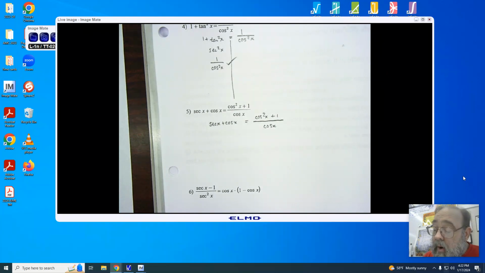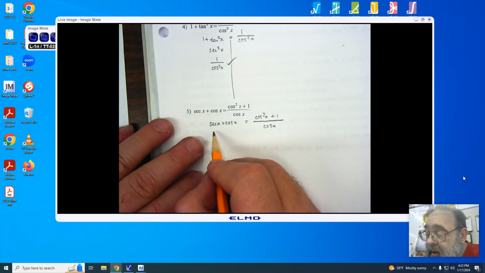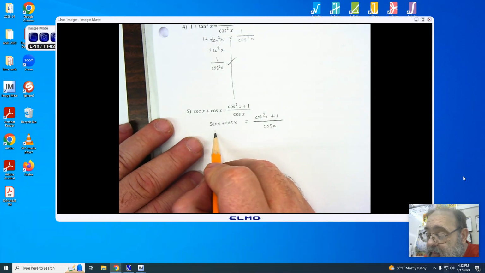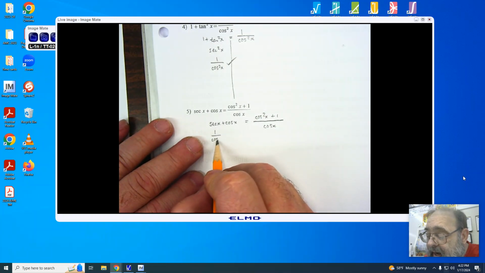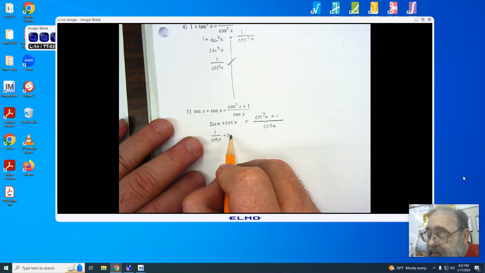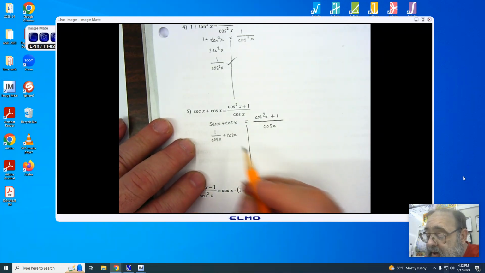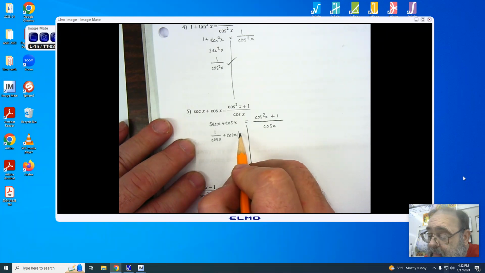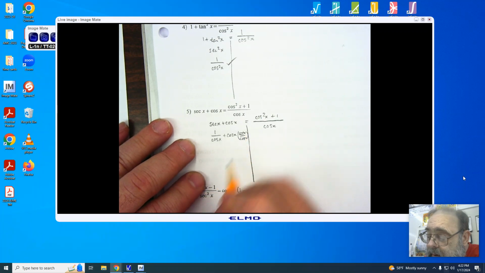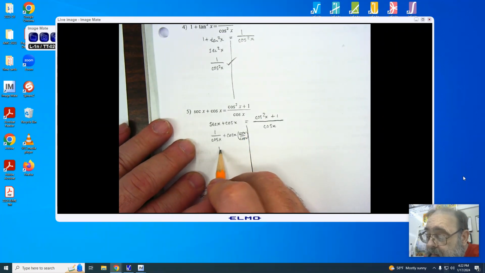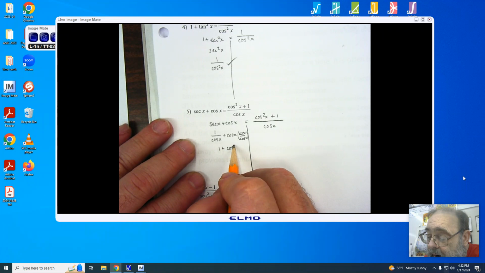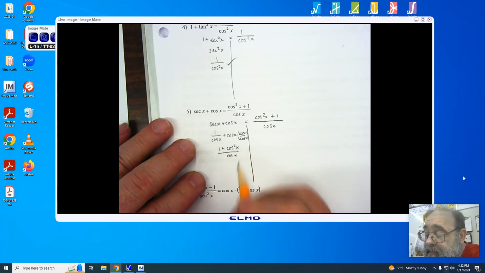Now, when I work with this, I'm going to immediately use my reciprocal identity to get 1 over cosine of x plus cosine x. This is now going to allow me to find my common denominator by multiplying by 1, cosine of x over cosine of x. I end up with 1 plus cosine squared x divided by cosine of x.